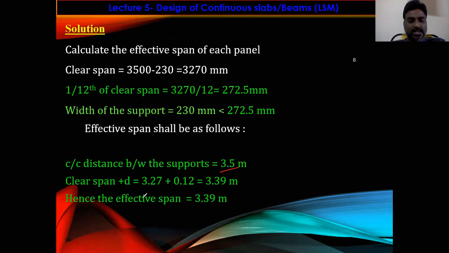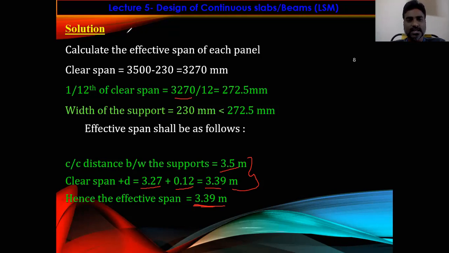And clear span plus effective depth is 3.27 plus 120, that is 0.12, so 3.39 meters. So the least of these two is 3.39. So this is our effective span.